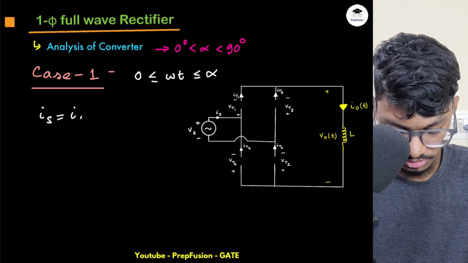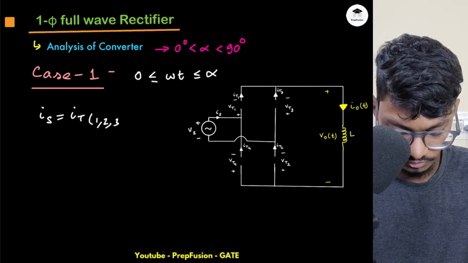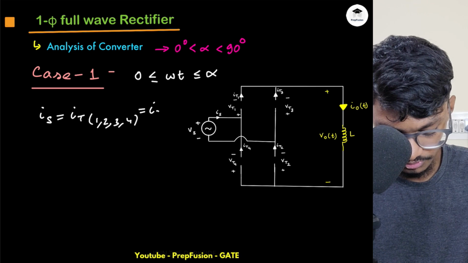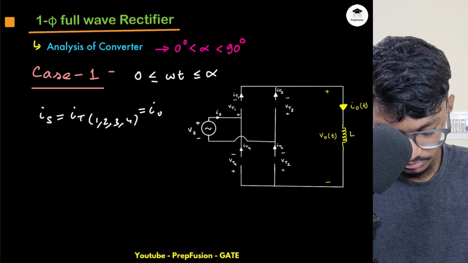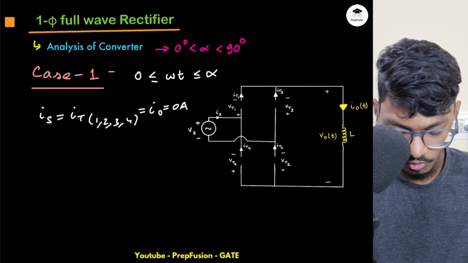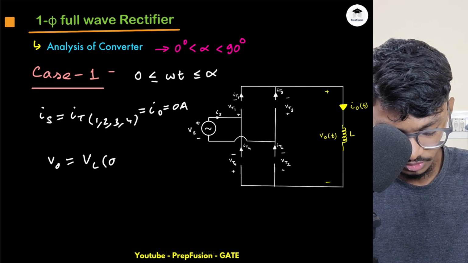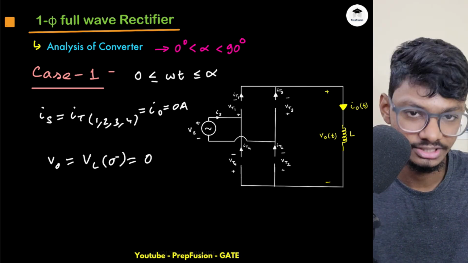So IS equals IT equals what? 1, 2, 3, 4, everything is off, equals IO equals 0 amperes. Correct. Now what is my VO? VO is simply VL, which is basically 0 because there is no change in current.